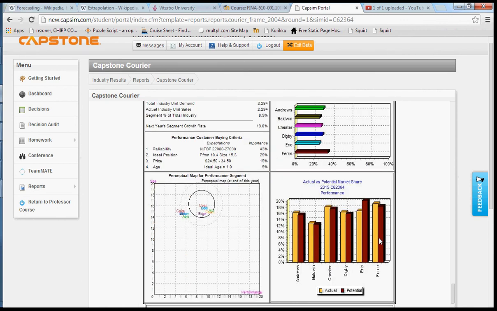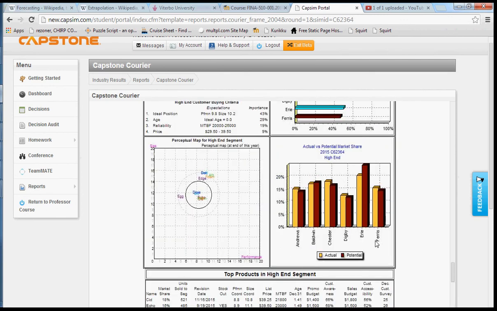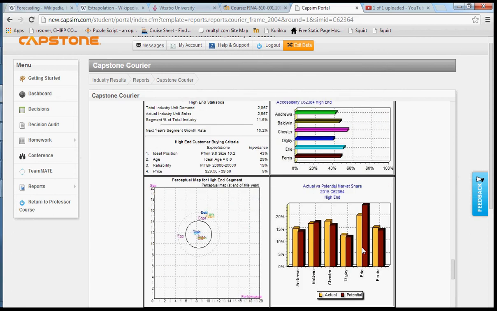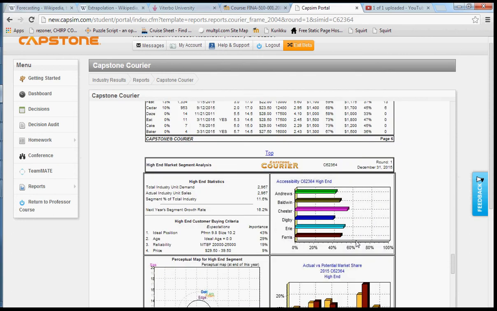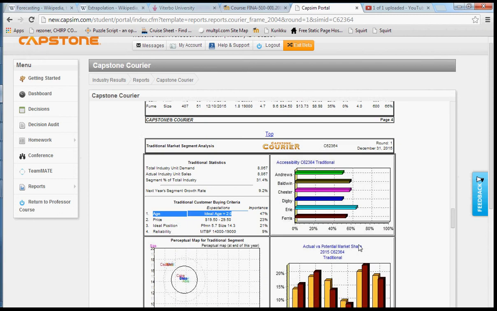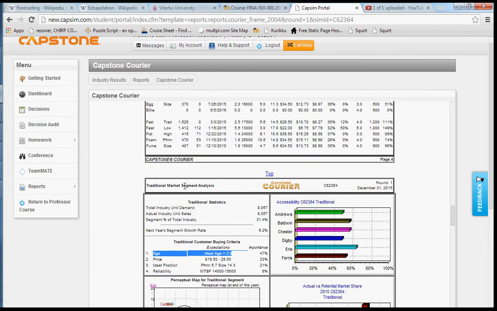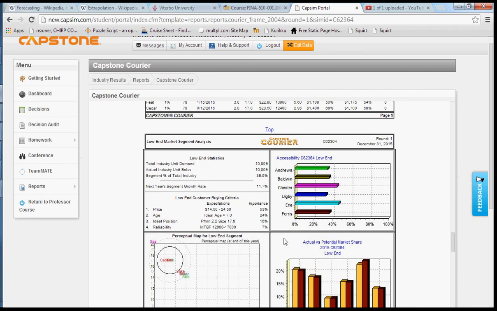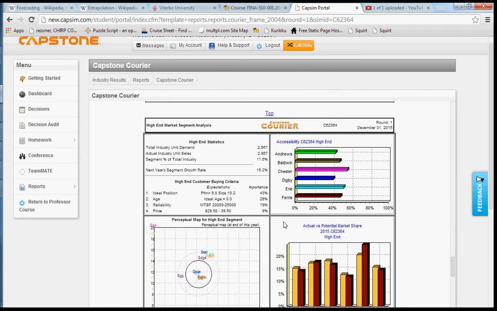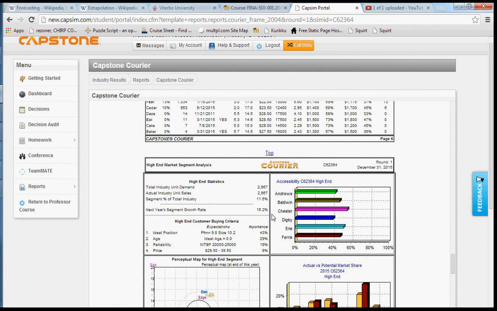So each product segment, with its own products and its own demands and its own expectations, also has its own growth rate. If we take a look at the traditional market segment, it is growing at 9% per year, whereas the low is growing faster and high is growing faster still at 16%. And so the proportion of the total market served by a particular segment will change as time passes.